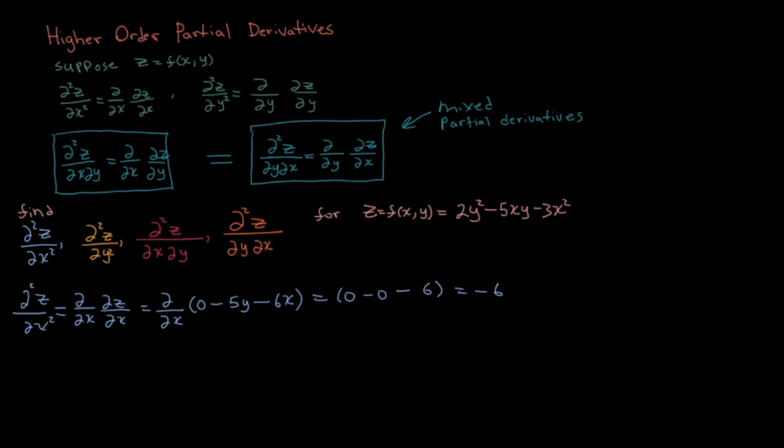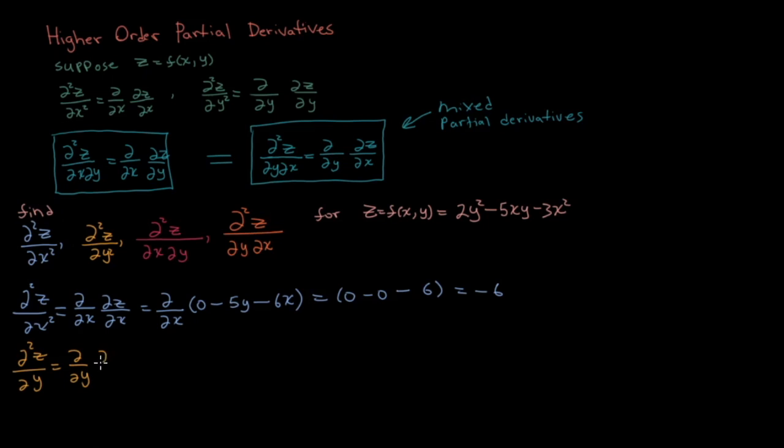Now how about we do the same thing but with respect to y both times? So del squared z by del y squared, that's this one right here. Old habits.